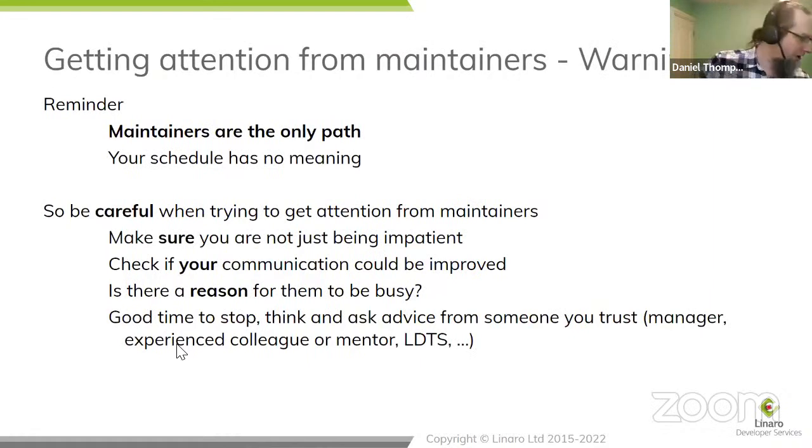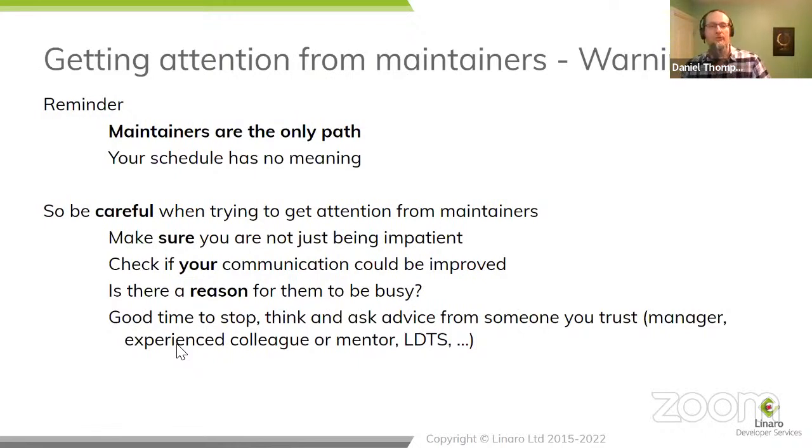So before I talk to some of the more aggressive techniques, be reminded that maintainers are still the only path. Your schedule is not important to them, and you don't want to be poking them in a manner that makes them cross. So you do have to be careful when your goal is to get the attention of a maintainer.